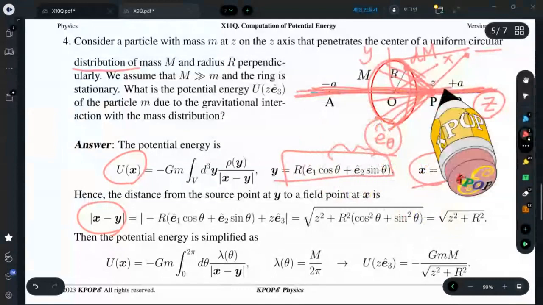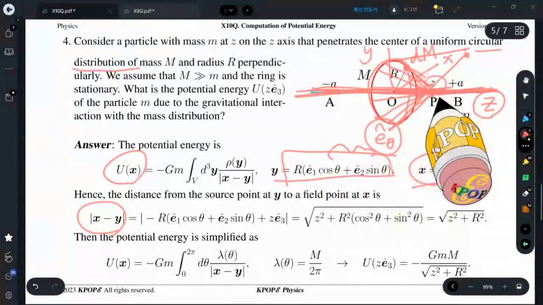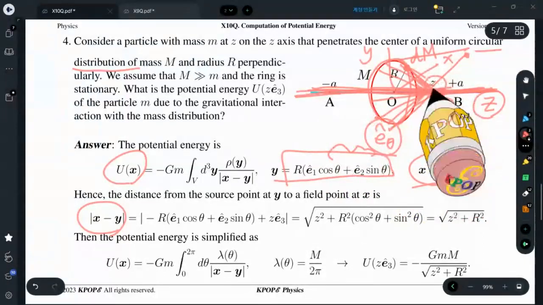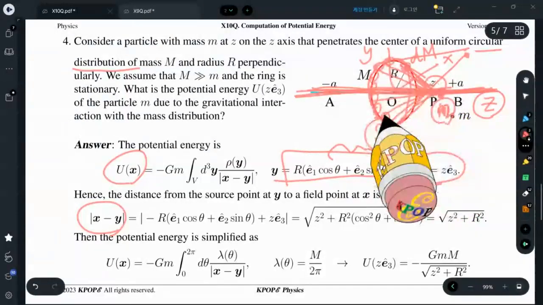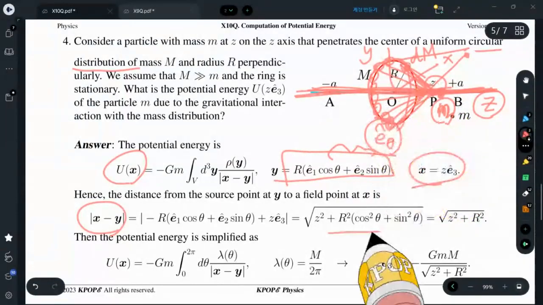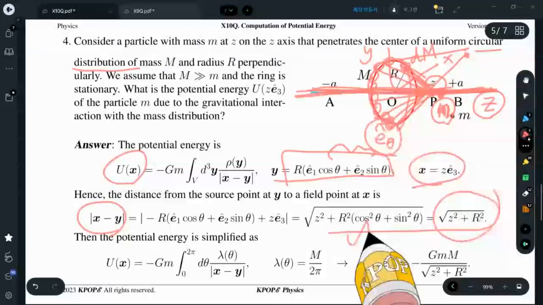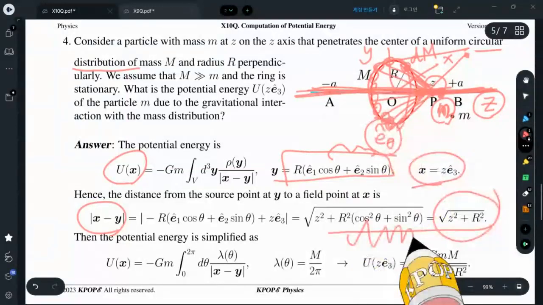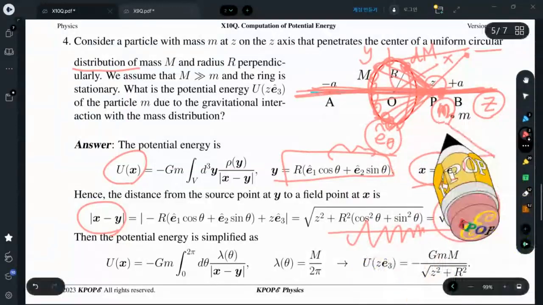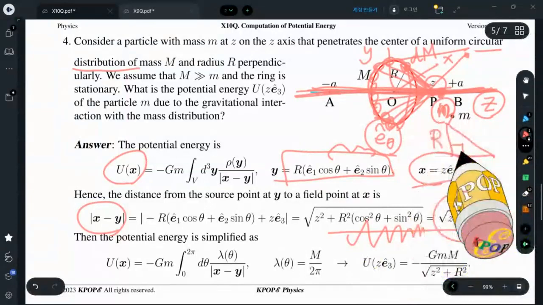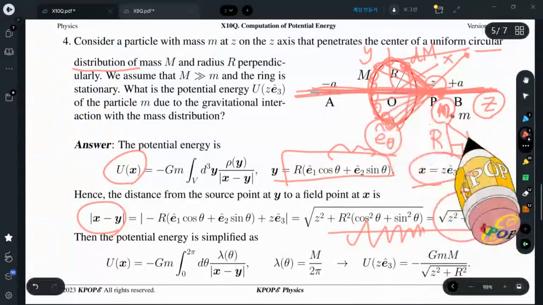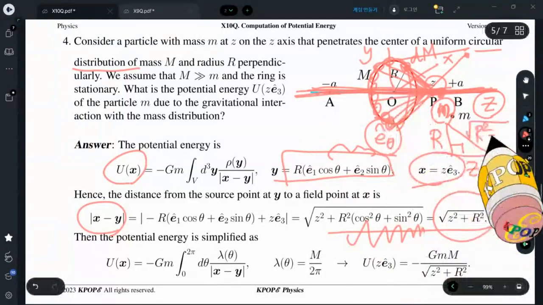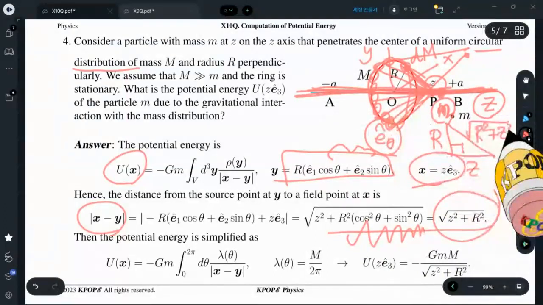So from a given point, the distance between this small mass m and any part of this circle is always the same, independent of theta. And we can draw a right triangle, radius r, this distance is z, and a middle school student can say this is the square root of r squared plus z squared.